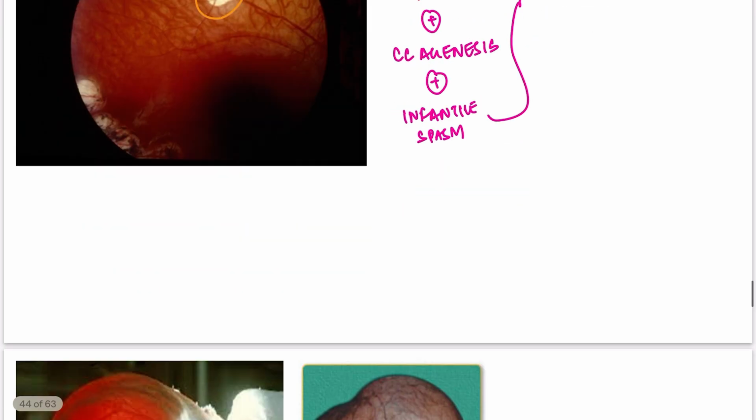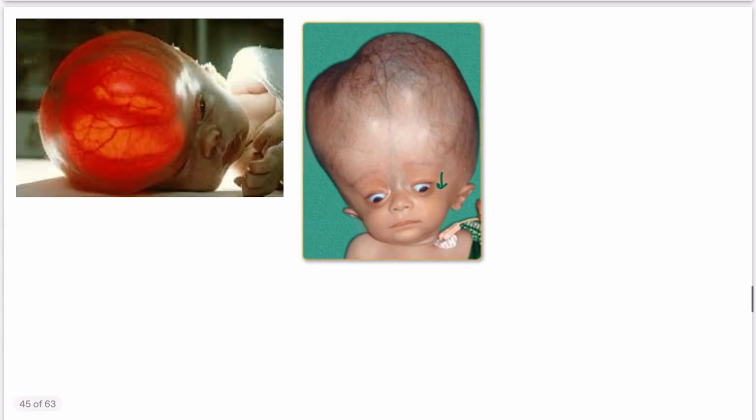Right? So now let's move to an important topic, hydrocephalus. Can you notice the size of the head of this baby? The size of the head of this baby is huge. It's macrocephaly. And when I light up a torch against the head, it brights up like this. What is this known as? This is known as transillumination positivity.